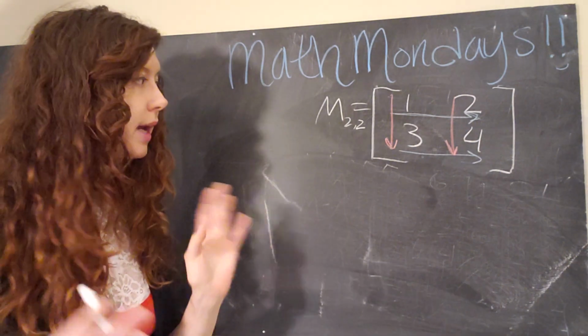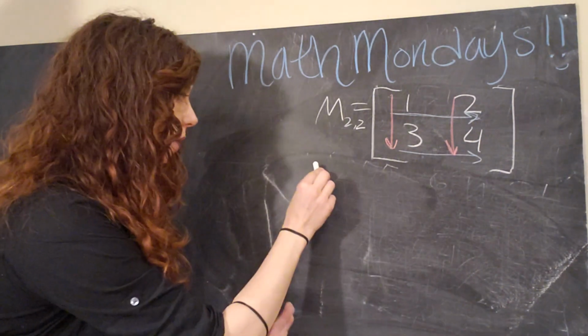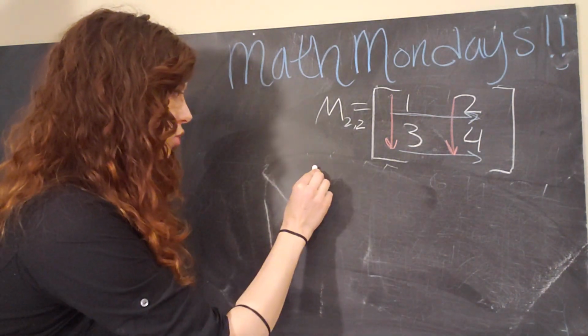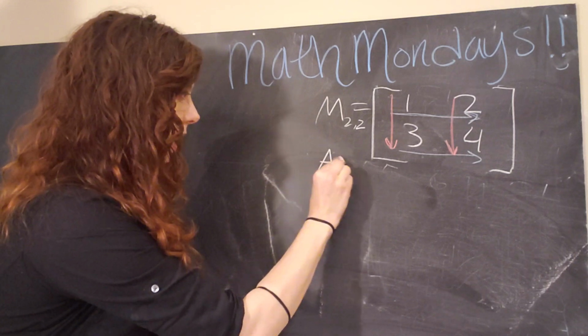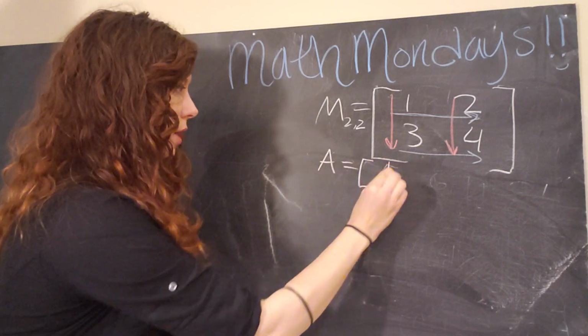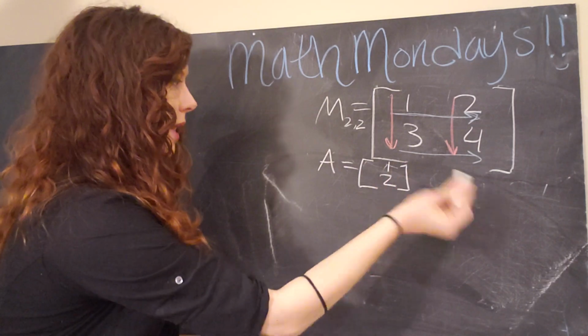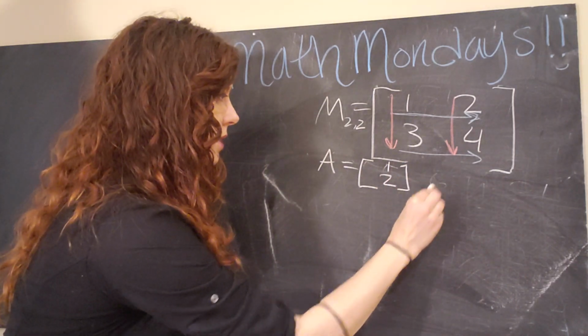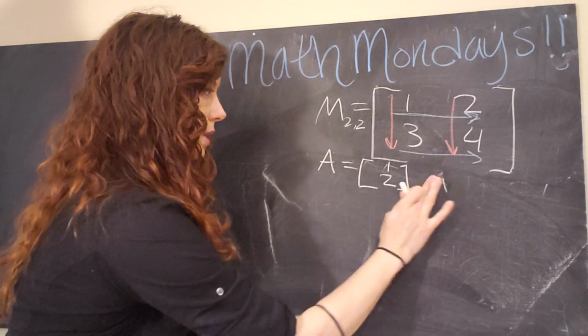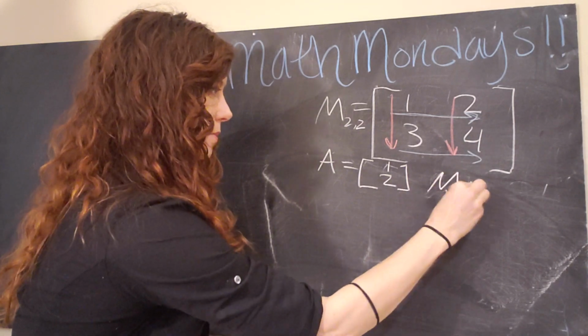So let's do a simple 1 by 2 matrix. So we'll say A equals 1, 2. And I'm going to ask, what is A times, actually let's do M times A.